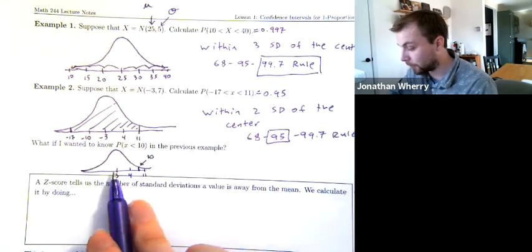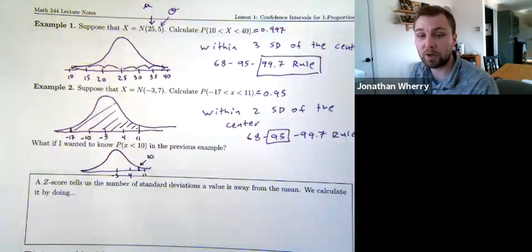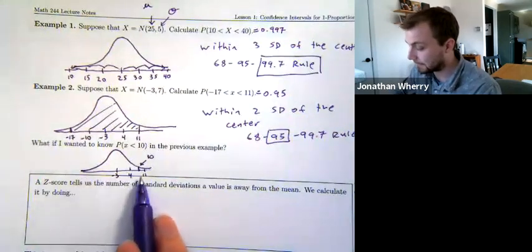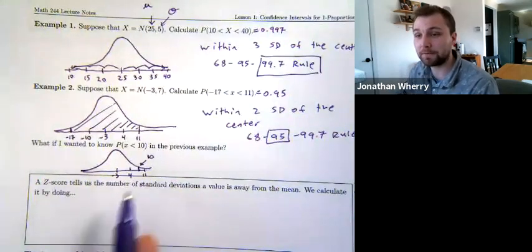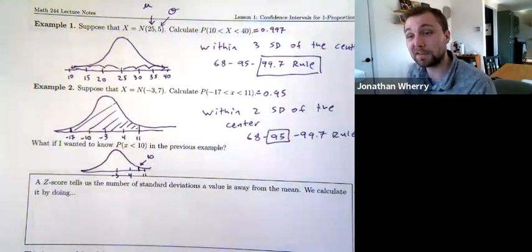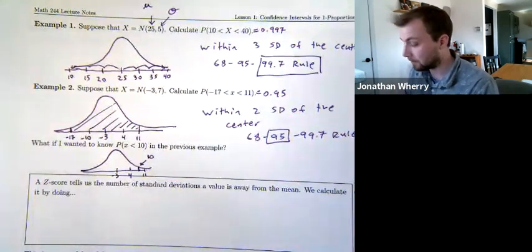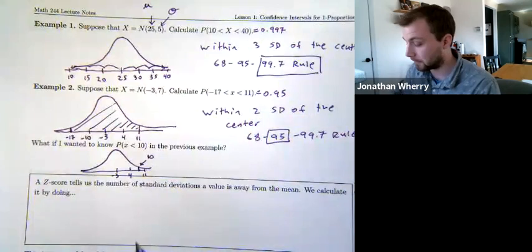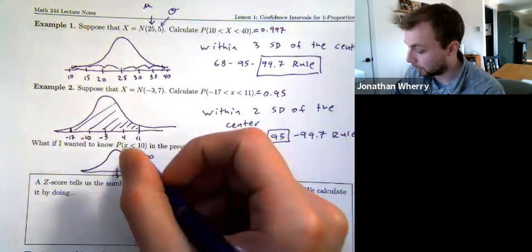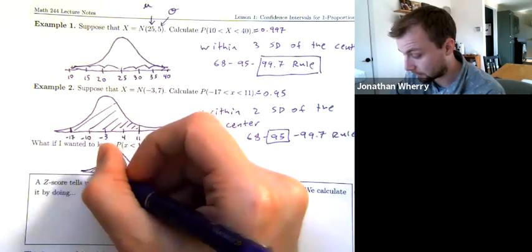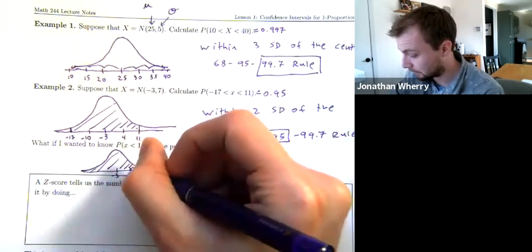It doesn't line up perfectly with the 1 or 2 tick mark away. In fact, it's not a clean number of standard deviations that I can visually see that easily. So I might have to come up with a new technique for dealing with these problems where it doesn't line up perfectly. I'm looking at 10 or less. This is going to be shaded to the left.